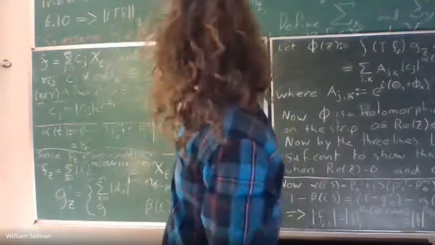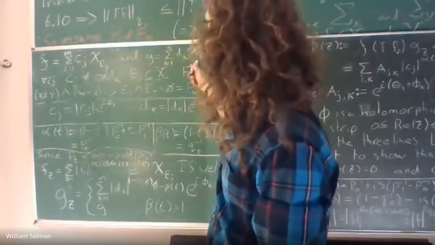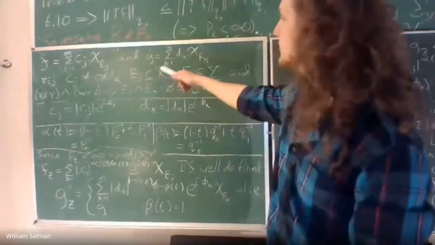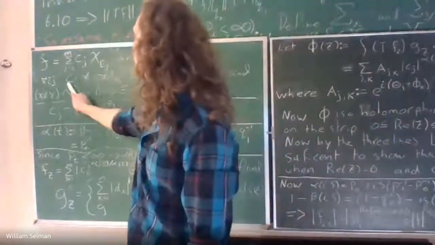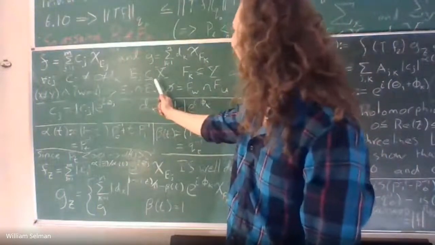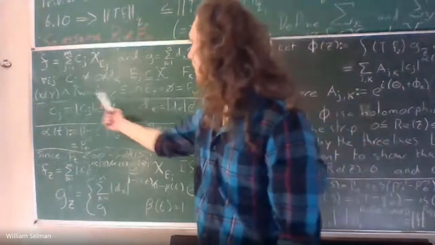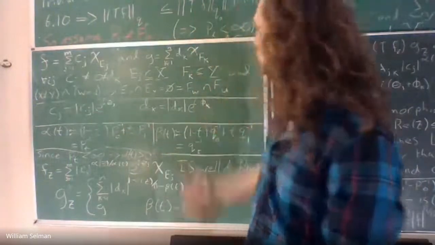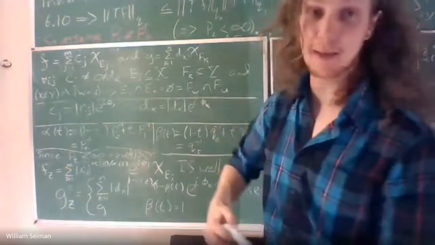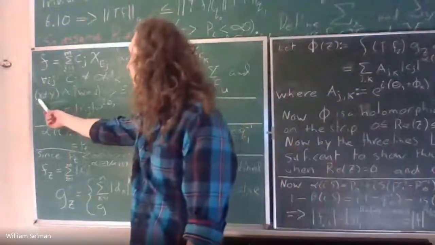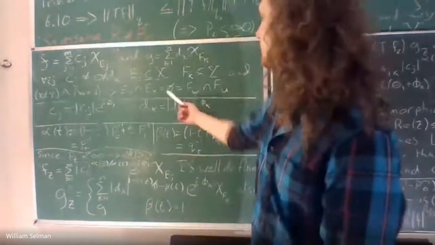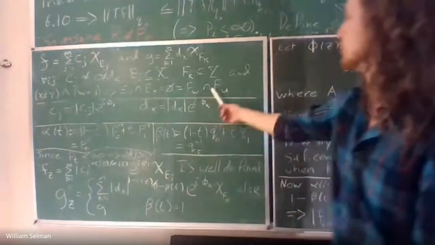We do the same thing for g, where the characteristic functions for the F_k's now live in Y. We insist that the coefficients are non-zero, and that the sets are partitions of their union, so no two sets overlap; they're mutually disjoint. So for all j not equal to k and w not equal to z, E_j intersect E_k is the null set, equals F_w intersect F_z.